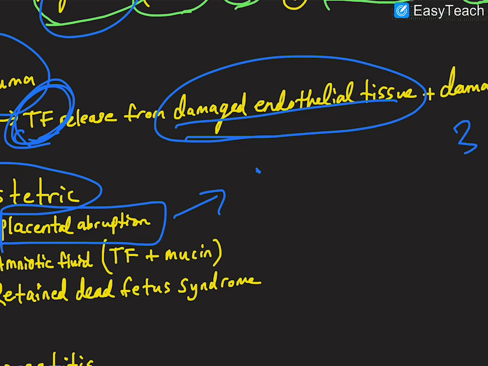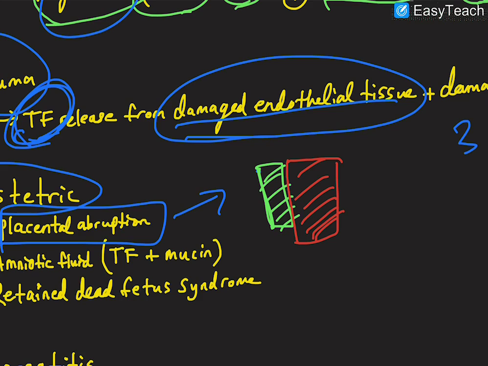So if we draw the placenta like this, so let's say this is the placenta, and then you have your uterus wall right here. Placental abruption is when the placenta detaches from the uterine wall. So you get a detachment, and that can lead to a lot of bleeding.